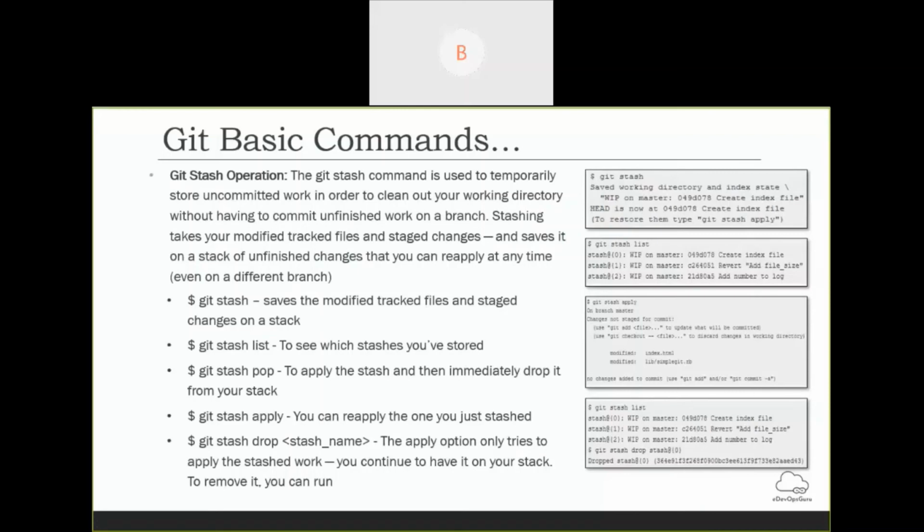Another important thing is the git stash operation. Stash operation is like this: suppose you're working on a feature, and in the meantime you got some production issue which needs to be solved on priority. At that time you don't want to discard the changes you are working on in the current feature.